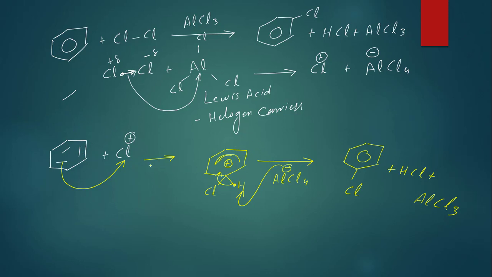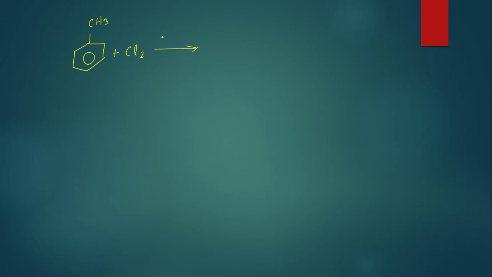And the next thing is about this reaction in your textbook. For example, we have methylbenzene. The methyl group is already attached to this benzene, and now we are going to add Cl2 in the presence of catalyst AlCl3 or FeCl3.